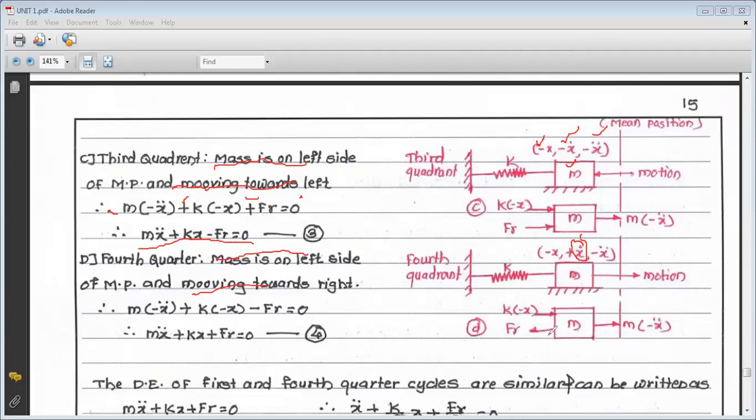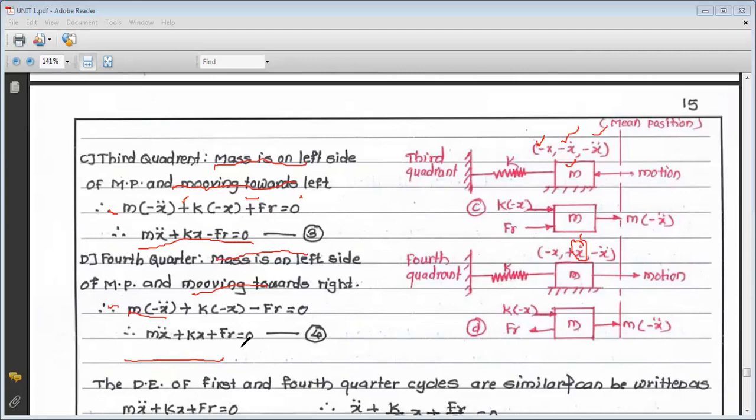If we take the D'Alembert principle, that is, the summation of inertia force plus external force is equal to 0, we get in the fourth quadrant m minus x double dot plus k minus x minus Fr is equal to 0. If we multiply by the minus sign, m x double dot plus k x plus Fr is equal to 0.